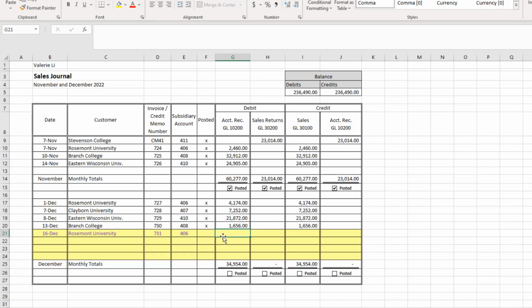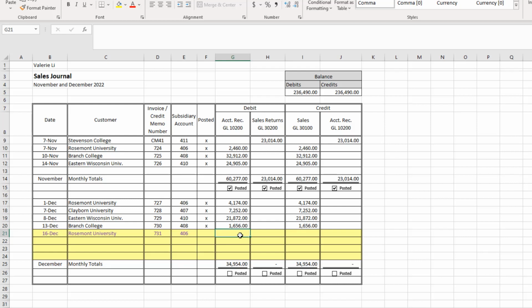The customer's subsidiary account for this customer would be 406, and because we haven't posted to the subsidiary, we're going to leave that blank. When we record this credit sale, we debit accounts receivable and credit sales. So we debit accounts receivable general ledger. 10200 is the accounts receivable account number from the chart of accounts in the general ledger.